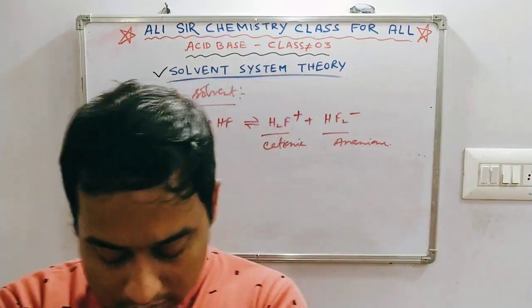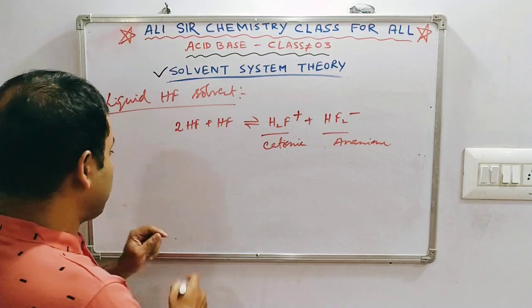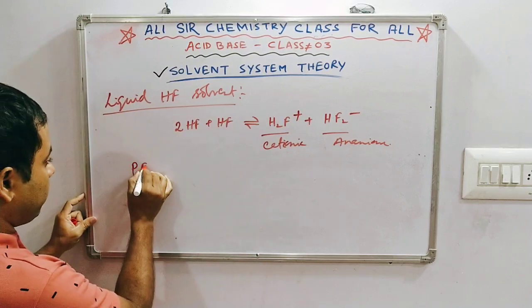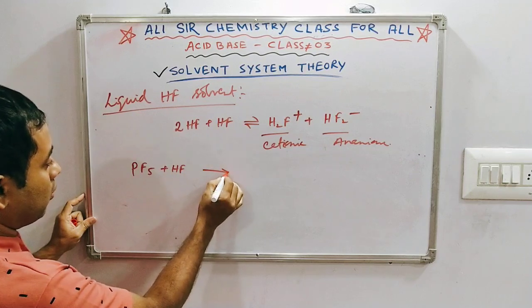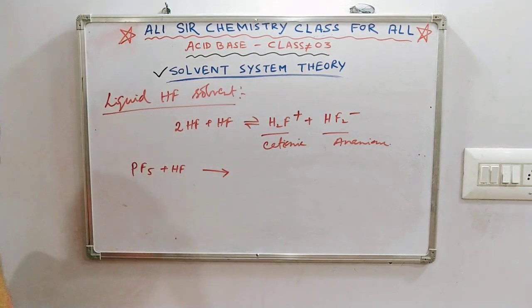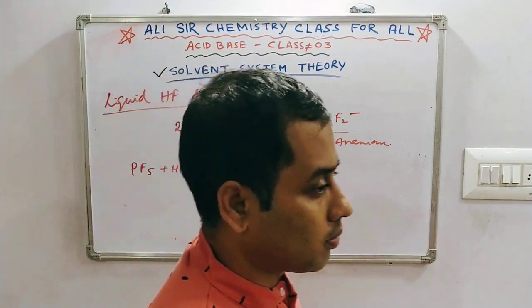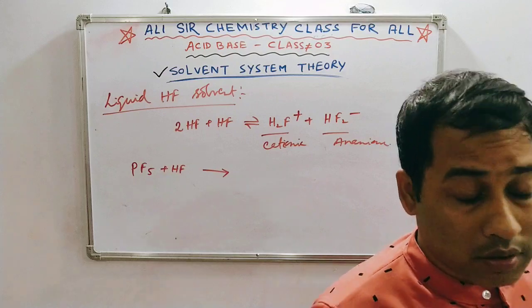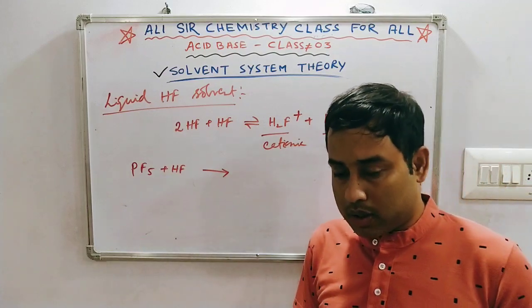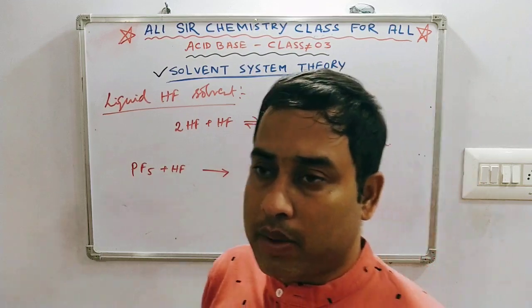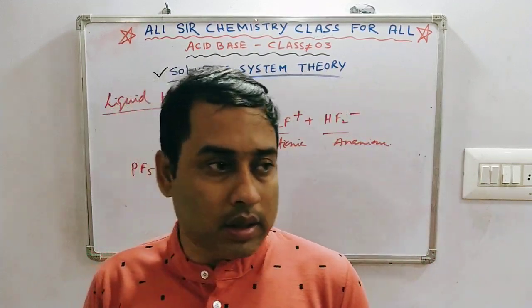Say, for example, if you take PF5 in HF solvent, all of you know phosphorus is a group 15 element, so it has 5 valence electrons. It is already donated, but phosphorus has vacant orbitals, so it can accept F minus ion as a ligand.